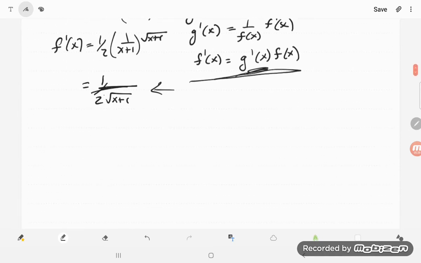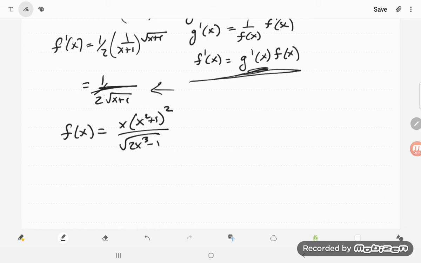Another example the textbook uses for this, and I'm doing it a little bit differently than them in that they just start with the logarithm: we have f of x is x times the quantity x squared plus 1, squared, over the square root of 2x cubed minus 1.